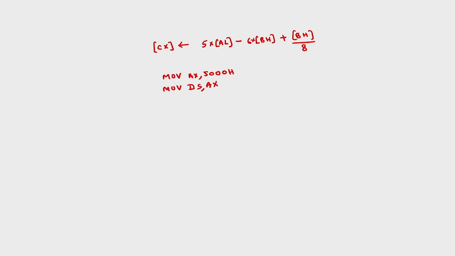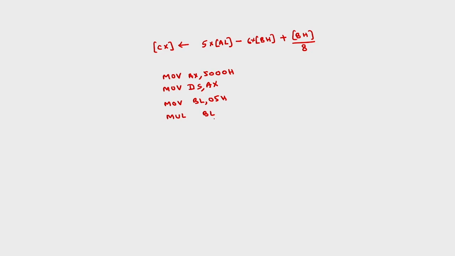Okay. 5 into AL. So you have to take 5 into some register, say MOV BL comma 05H. Then let us assume that these numbers are unsigned numbers. MUL BL. AL is already there.